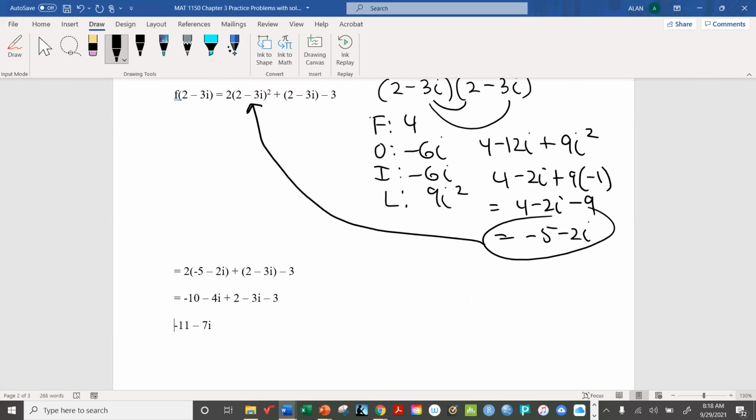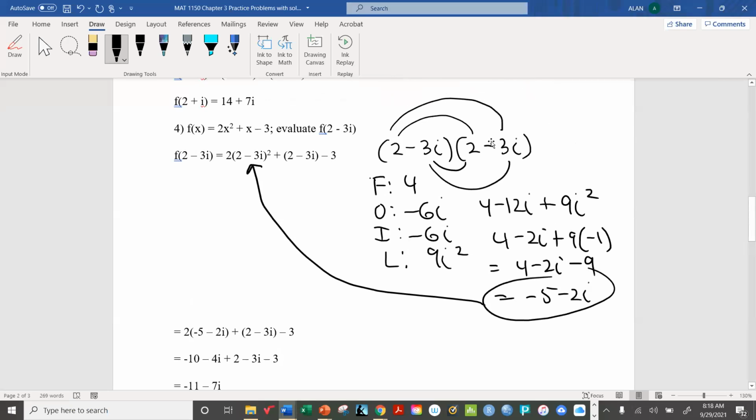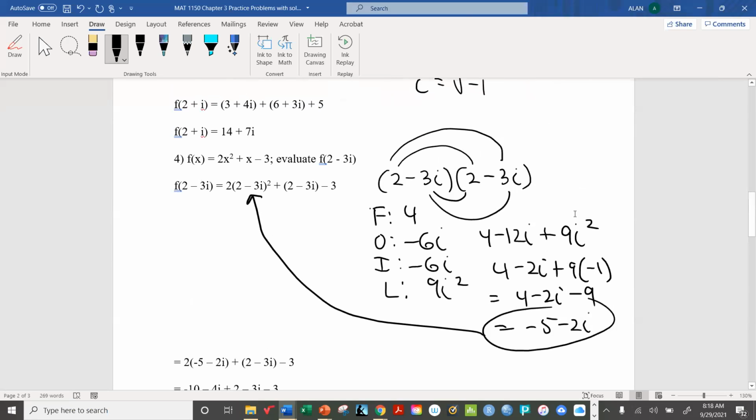Okay. So I'm going to double check that, make sure I haven't messed it up. Let's see. Well, now let me just double check this. 2 minus 3i squared.